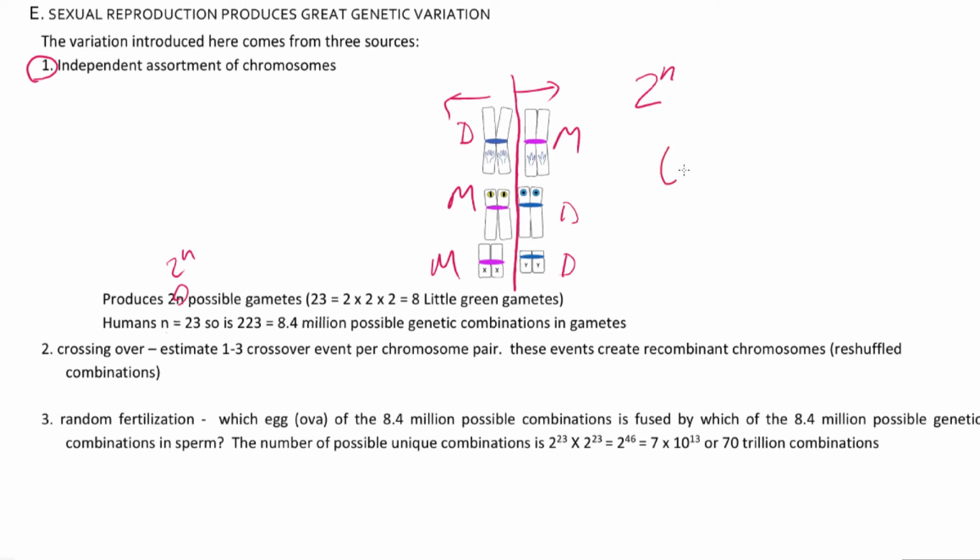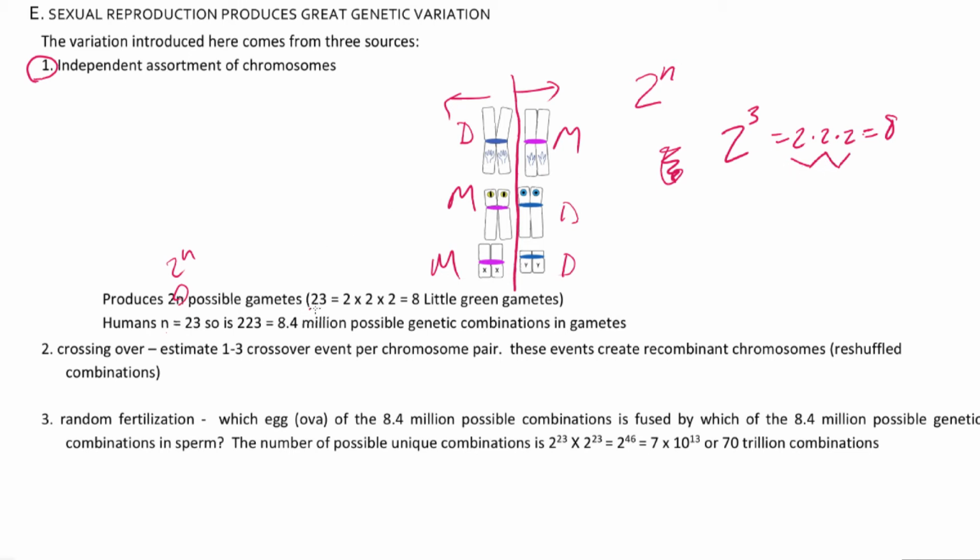So in my little green men here, it should be 2 to the 3, the haploid number. And so I would have 2 times 2 times 2, which is 2 times 2 is 4, times 2 is 8. So I'd have 8 possible gametes in my little green men model.